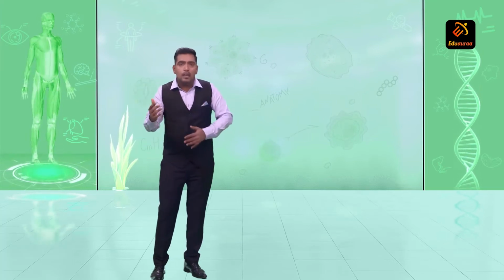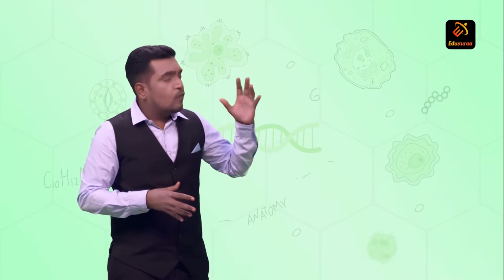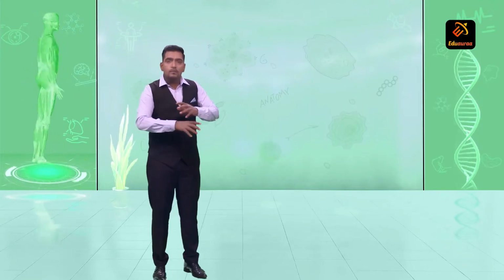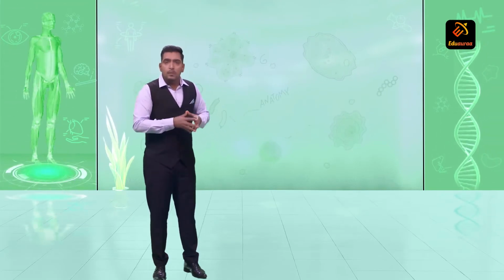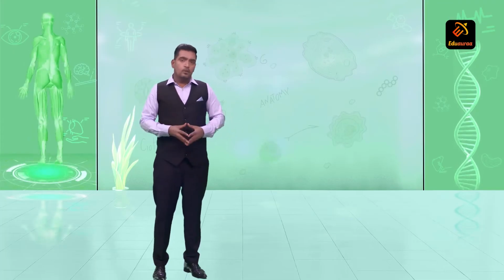But before starting with the actual discussion, let me make the concept clear. Whenever there is exchange of pollen grain or any material taking place between the flower and the biotic or between the flower and the abiotic components, they both need to be compatible with each other.